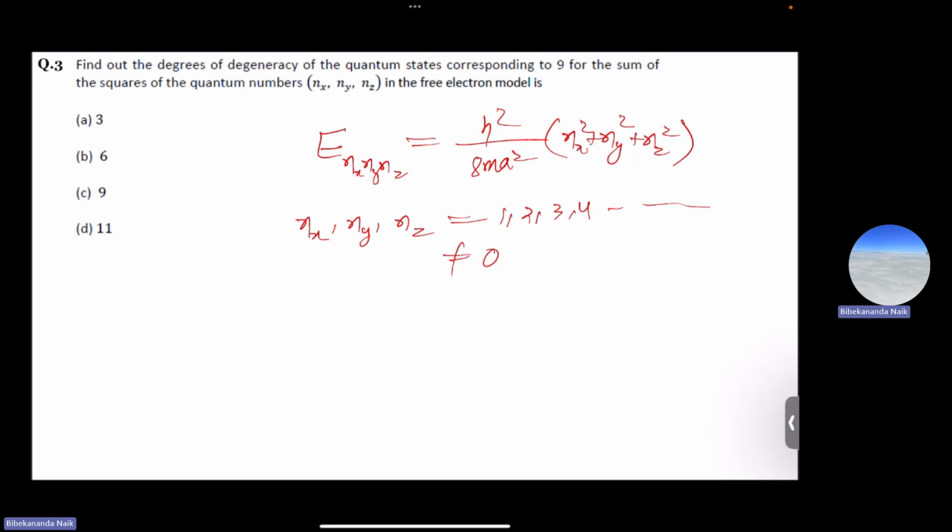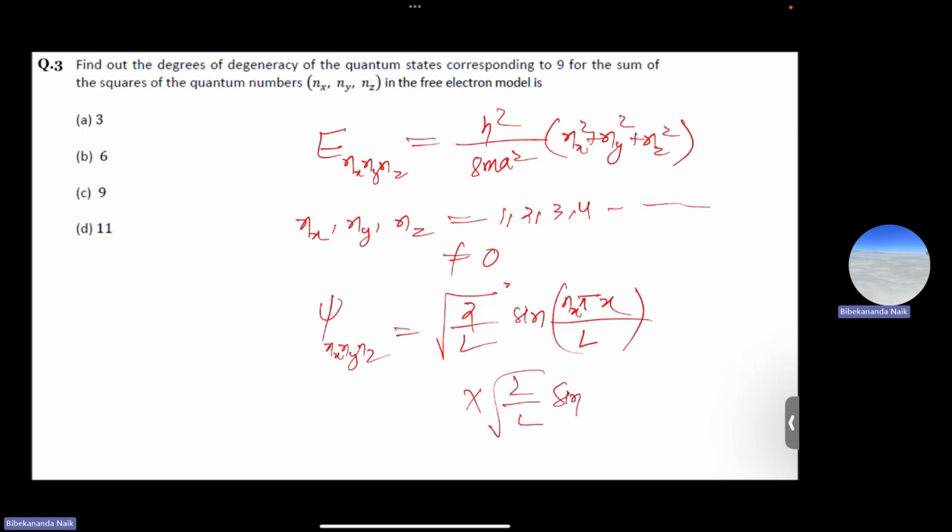Because if you see, the wave function psi nx, ny, nz is root over 2 by L sine nx pi x by L into root over 2 by L sine ny pi y by L into root over 2 by L sine nz pi z by L, where L is the length of the three-dimensional potential box along the x, y, and z directions.